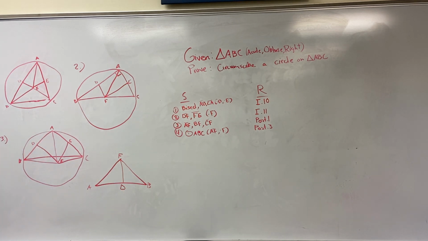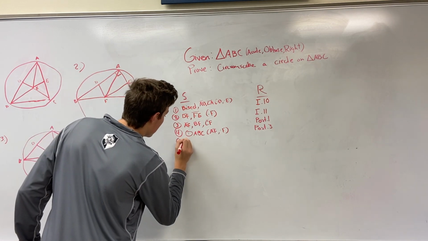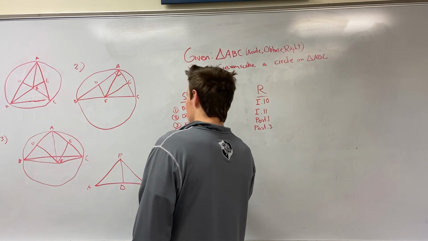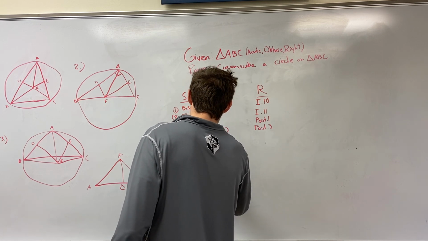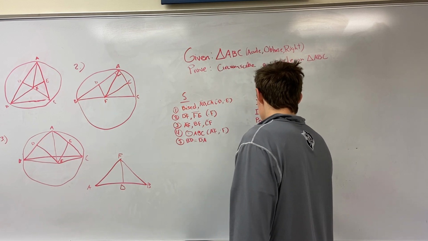Okay, so we know that DB and DA are equal because they were bisected, and we did that in the first step, so we can write that down. BD equals DA, and that is because of statement 1.